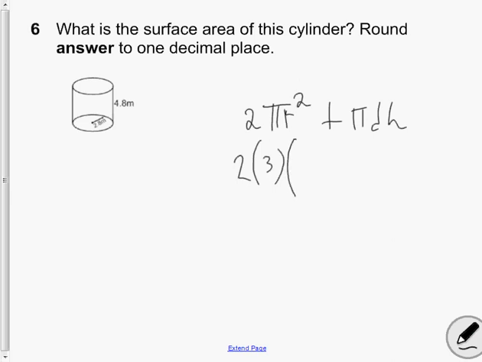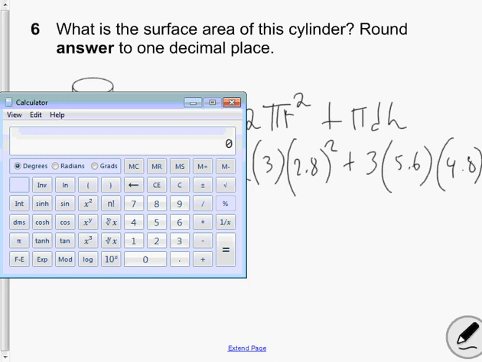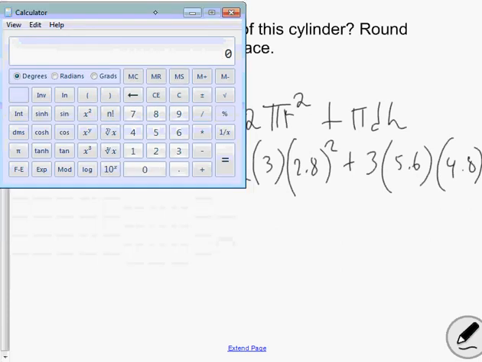The radius of this circle is 2.8. The diameter, if it's 2.8, the diameter would be double that, which is 5.6. And the height of that cylinder is 4.8. A little bit of calculations going on here with your calculator. So 2 times 3 times, what is 2.8 squared?